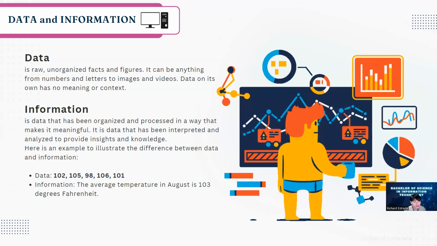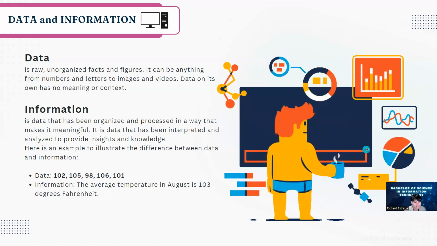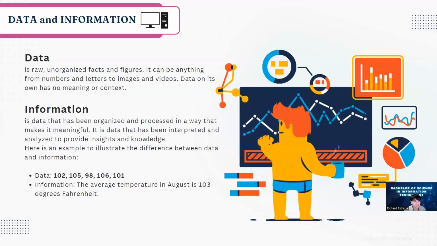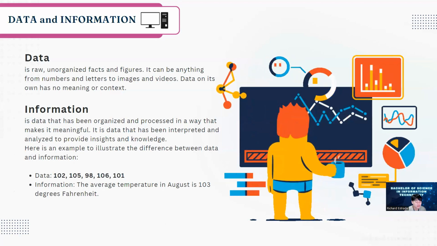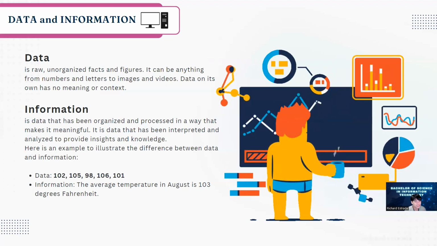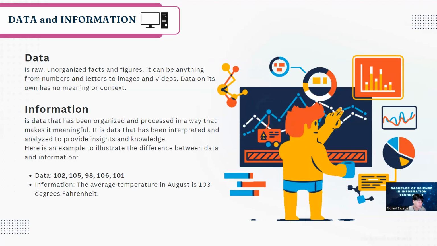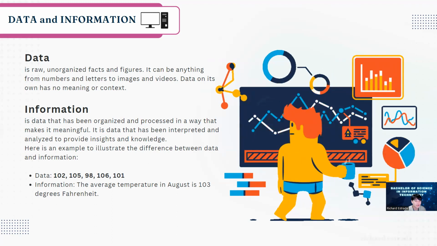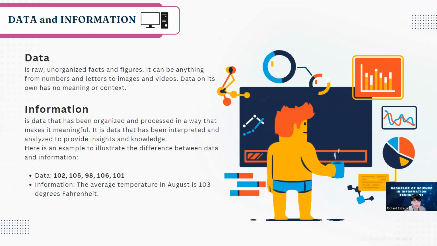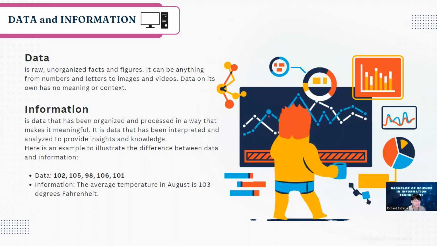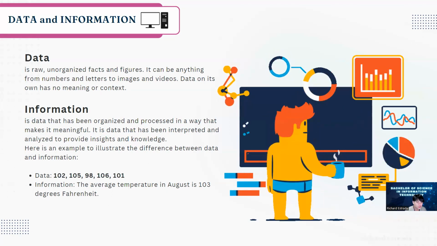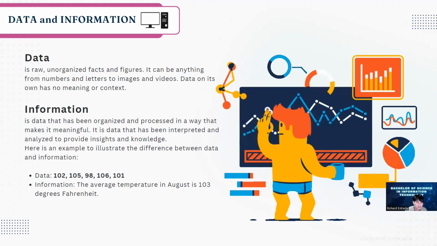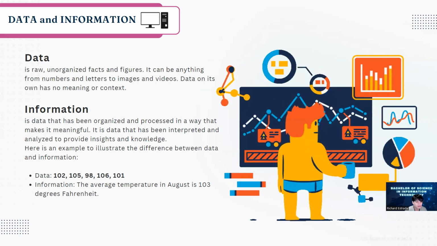Information is when the data has been organized and processed in a way that makes it meaningful, that is now your information. That is called the information itself. It is the data that has been interpreted and analyzed to provide insights and knowledge. So for example, you have data of temperature, degrees Fahrenheit: 102, 105, 98.